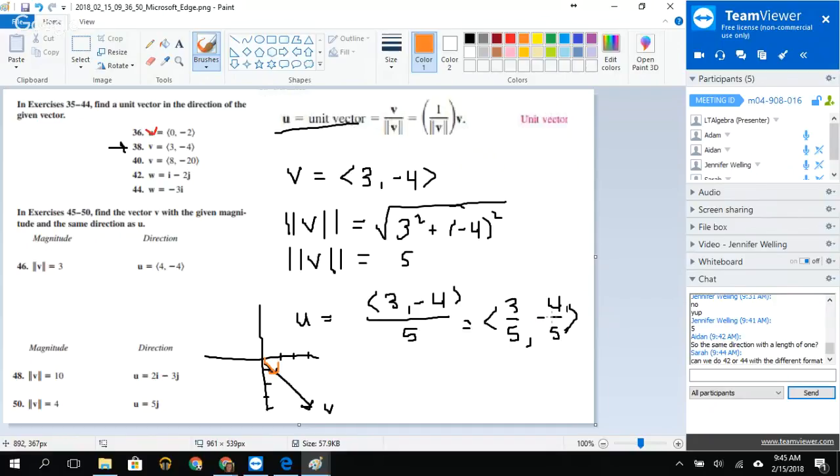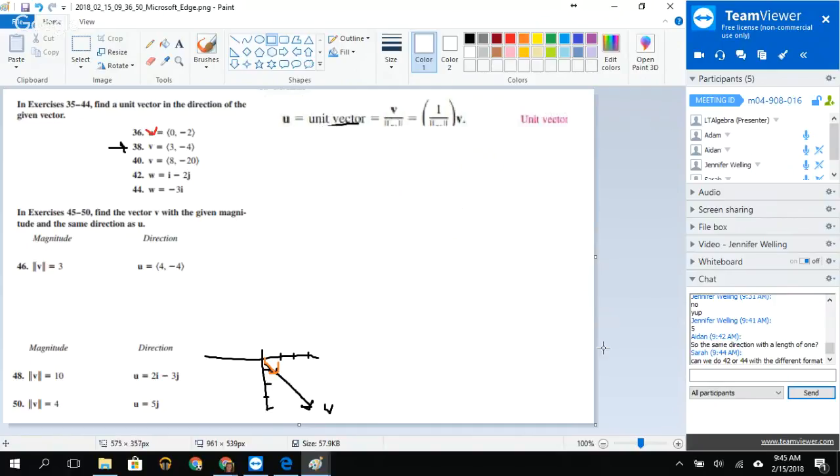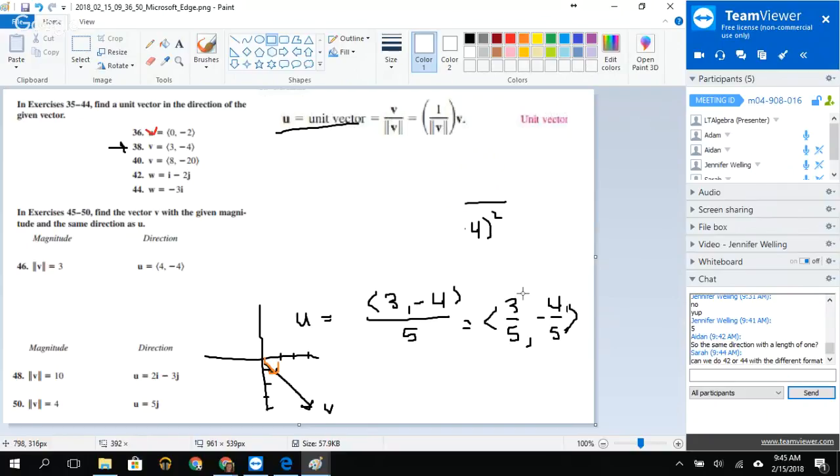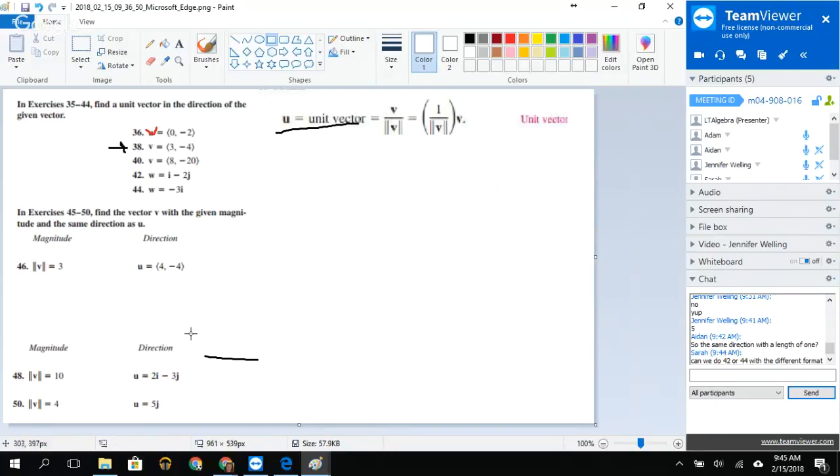All right, so let's do number 42. So number 42 is the same idea, but it's written already with our unit components.